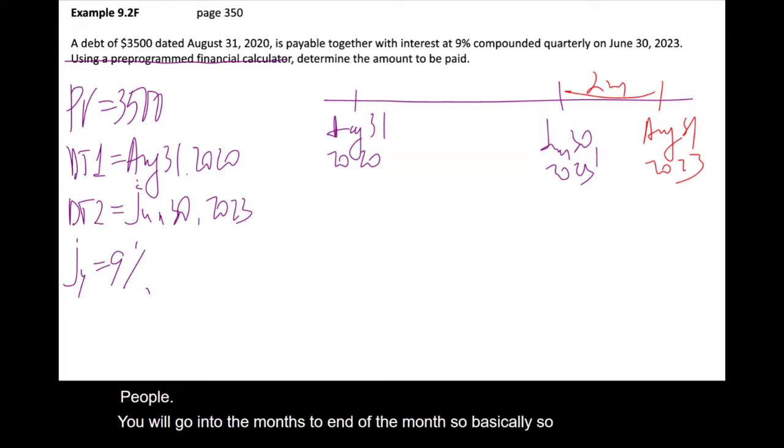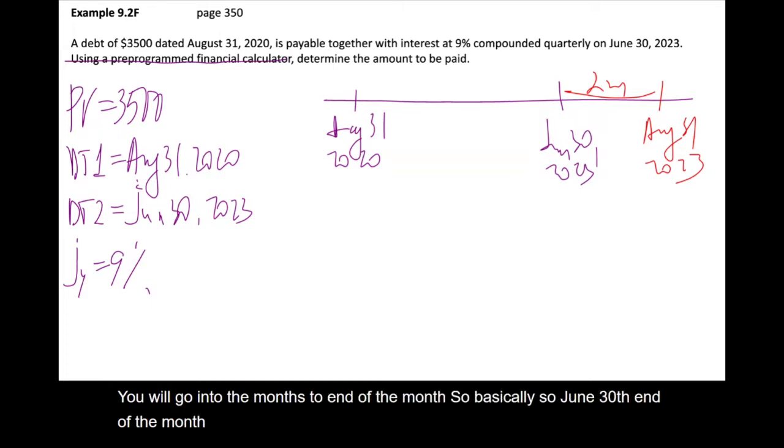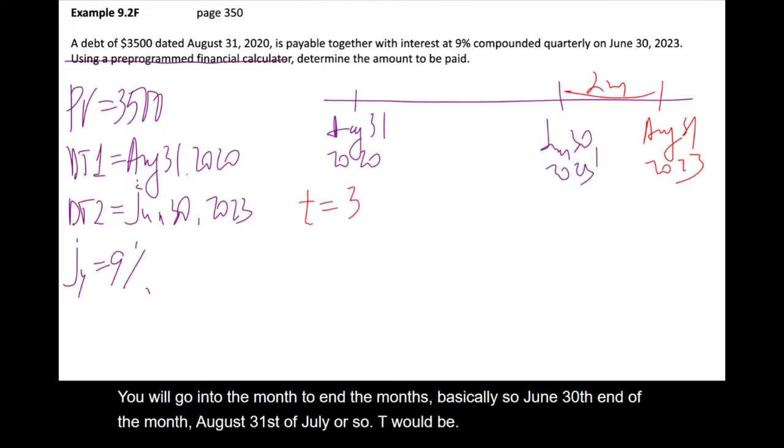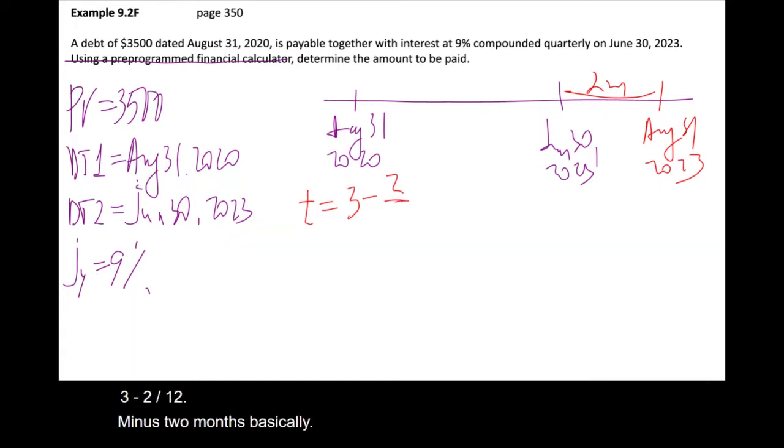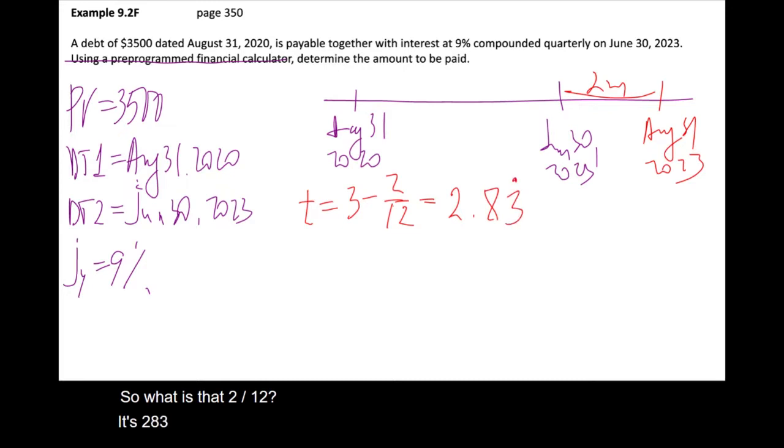So June 30th, end of the month, to August 31st: end of July, August. So t would be 3 minus 2 over 12, minus 2 months, basically, right? So what is that? 2 over 12 is 0.1667, so 2.83 in period years. Any questions here, guys?